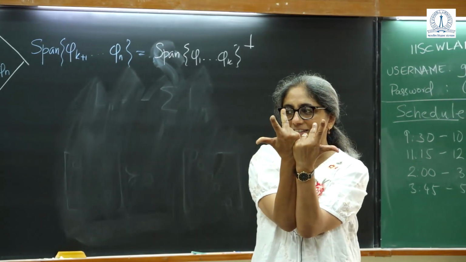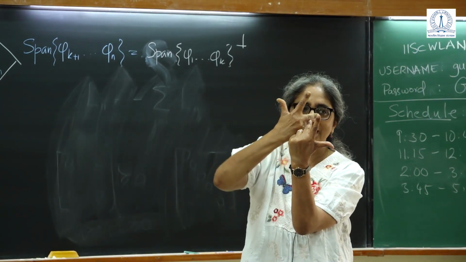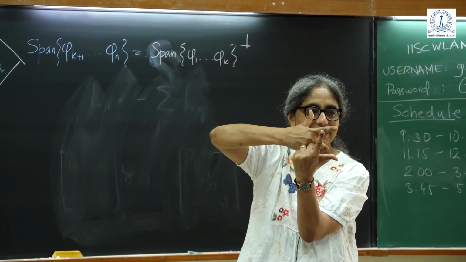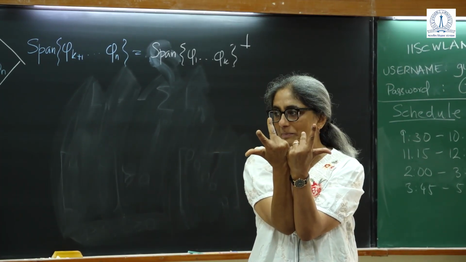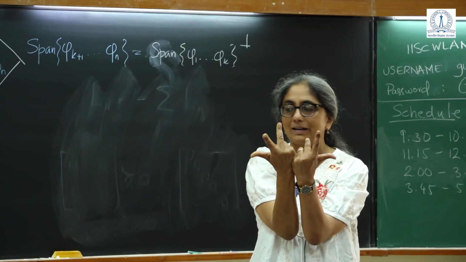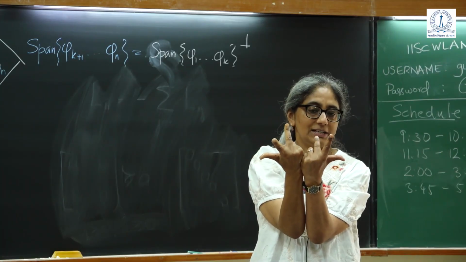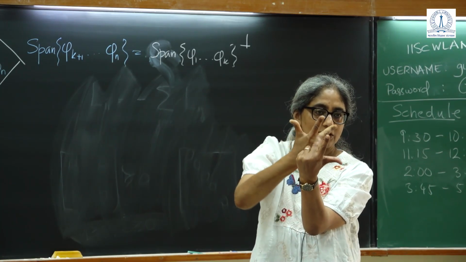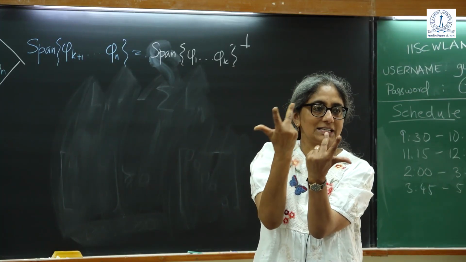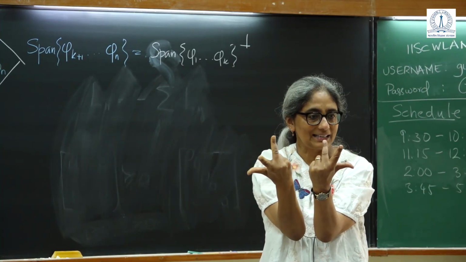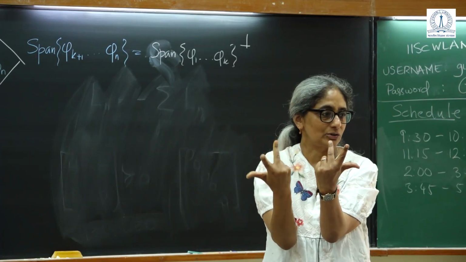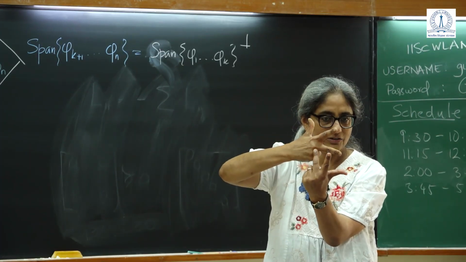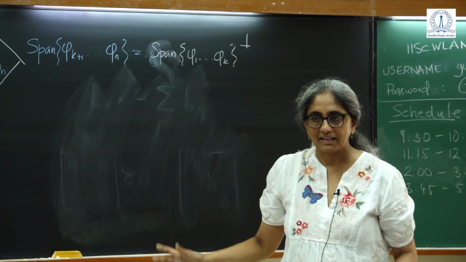Orthogonal, orthogonal. So you can just rotate this into this. Do you agree? There's an orthogonal transformation, not rotate necessarily, but an orthogonal transformation that takes you from here into this. Okay? So the psi and the phi bigger than k are related by an orthogonal transformation. Do you agree? Yeah. All right.